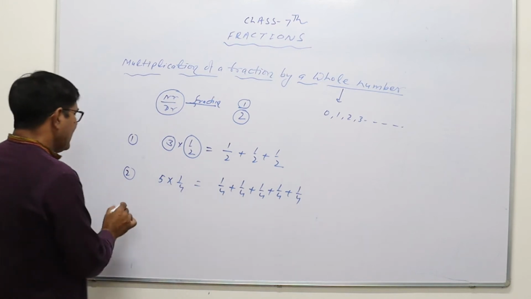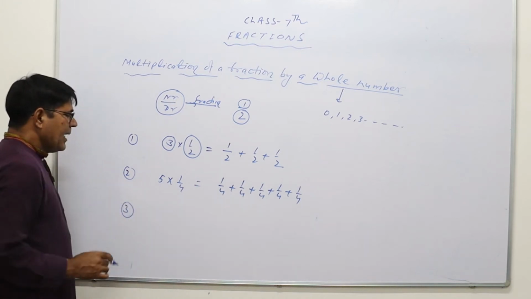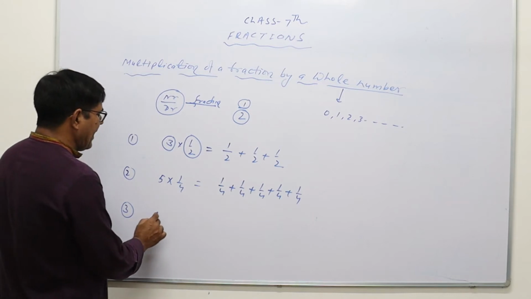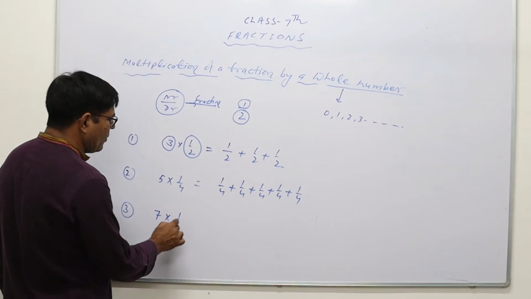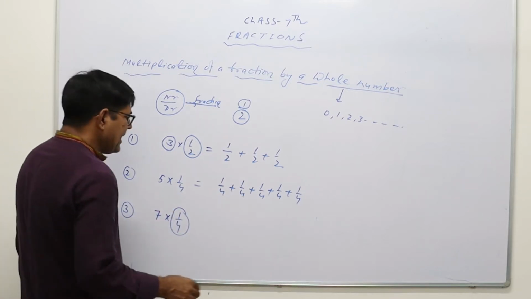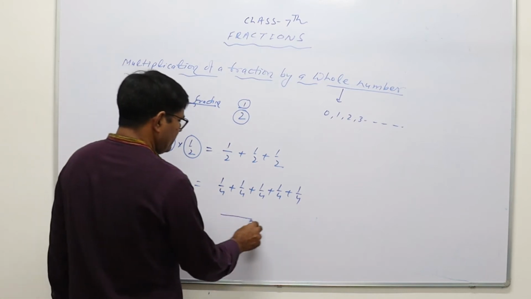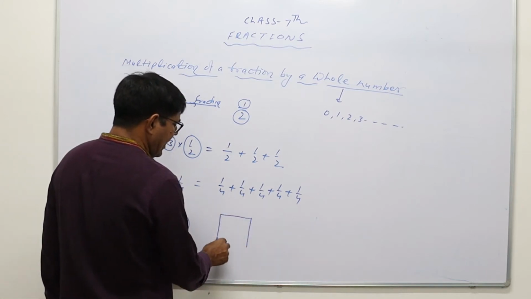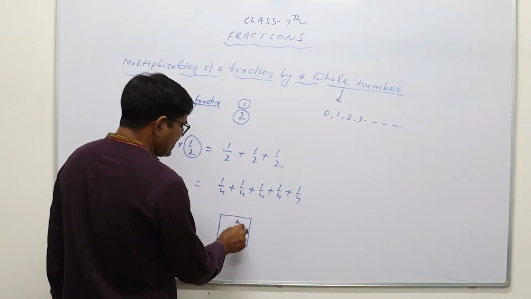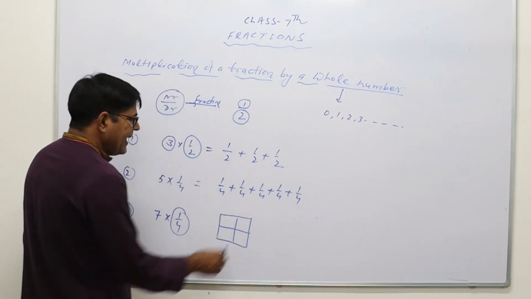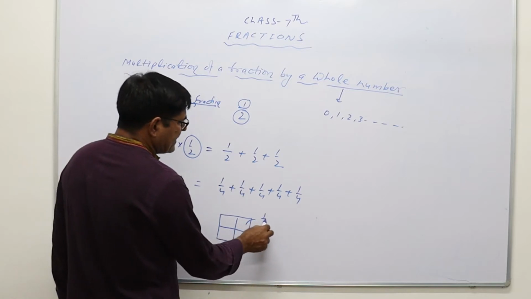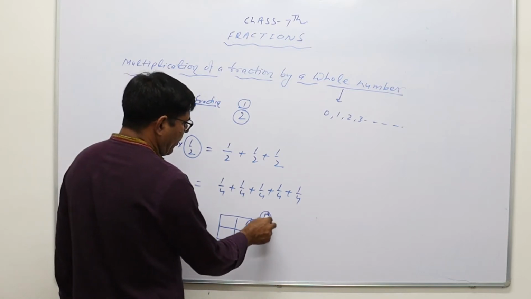So, now let us suppose I have to multiply a whole number 7 into 1 by 4. What is 1 by 4? Let us suppose this is the given square and this square is divided into 4 equal parts. Then each part will be represented by 1 by 4.